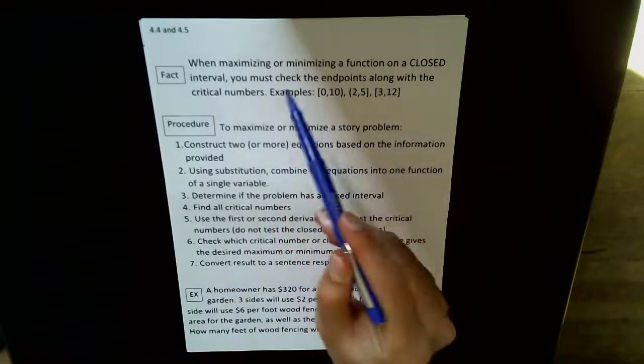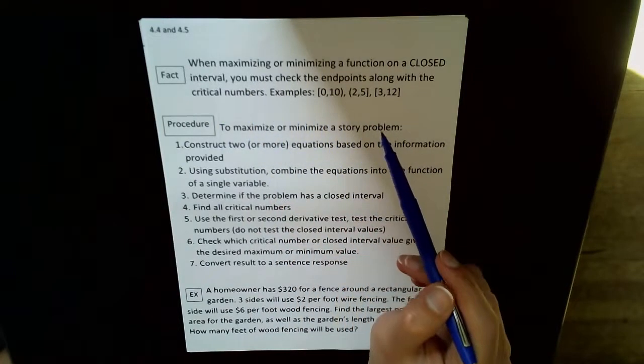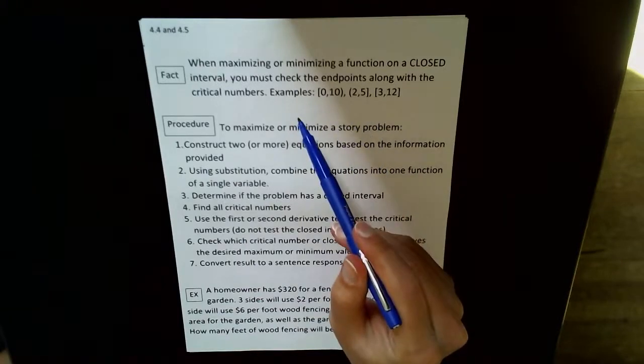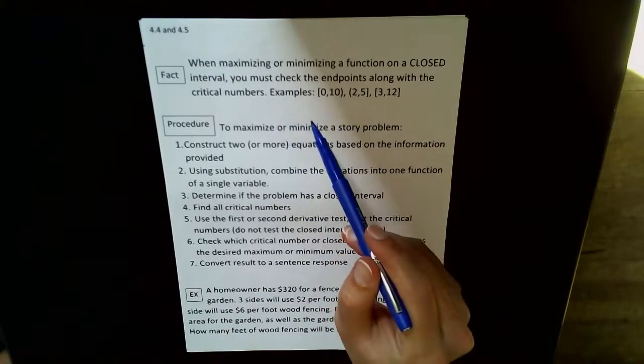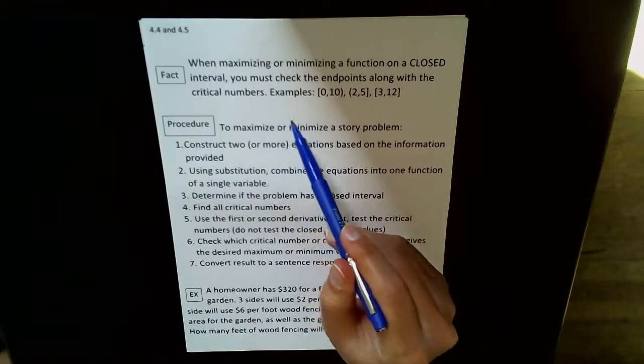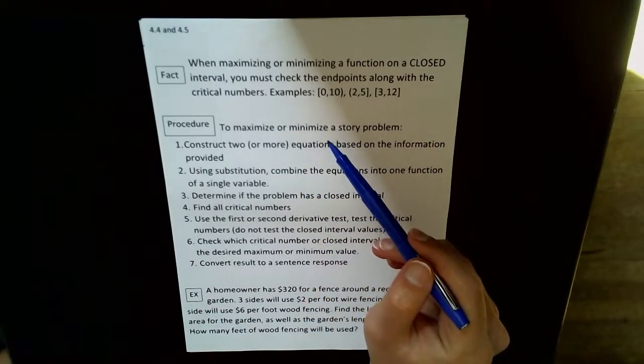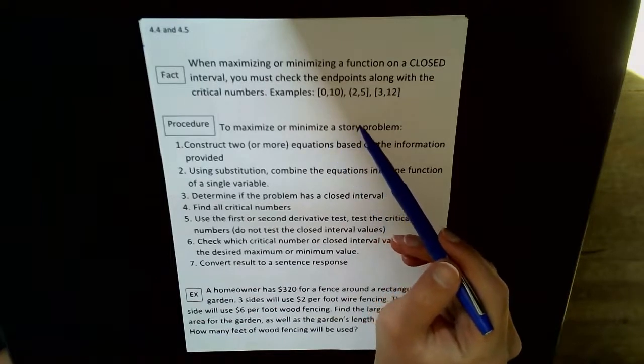But this rule is telling us that if we have a closed interval, meaning our domain is within a certain set of numbers, including the last number, the first number, or both, we have to check those values along with any critical numbers we find.